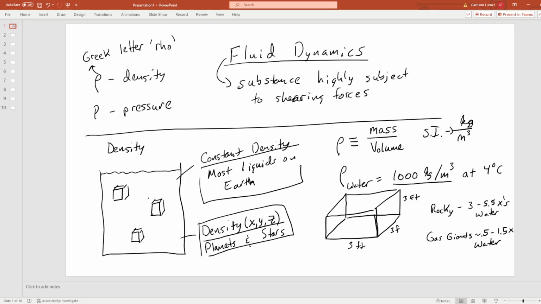So if I have my mass, whatever's in my vat, and I look at a few different mass elements, let's call this dm1, this dm2, and this dm3. And this is dV1, my volume element, this is dV2, this is dV3.